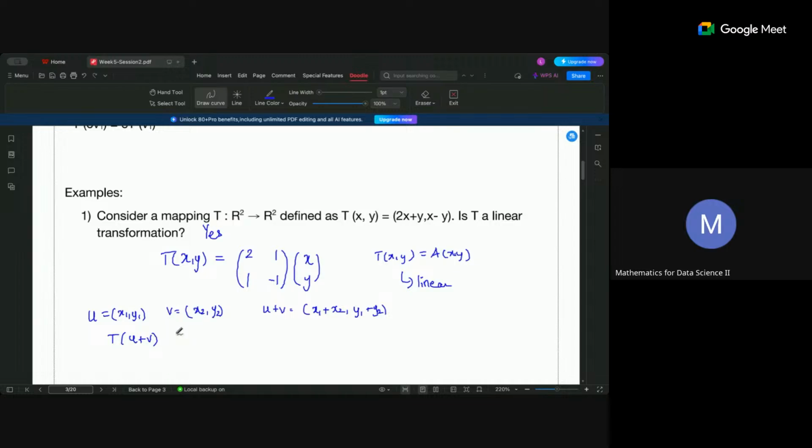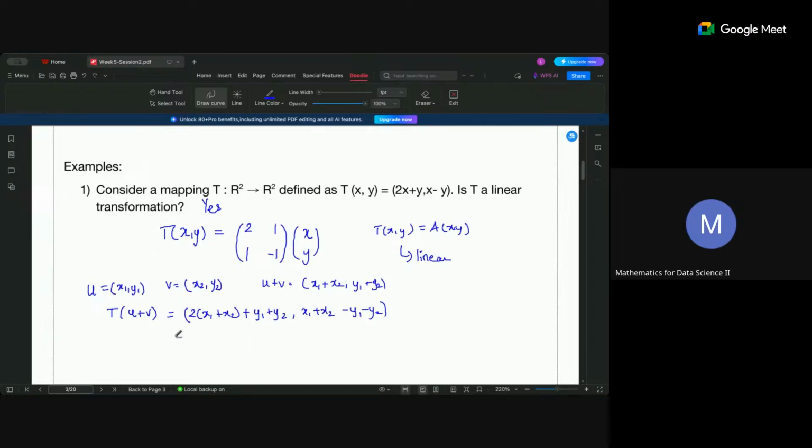Now T of u plus v: you put x1 plus x2 in place of x and y1 plus y2 in place of y. So 2 times (x1 plus x2) plus (y1 plus y2), and for the second component, x1 plus x2 minus y1 minus y2.